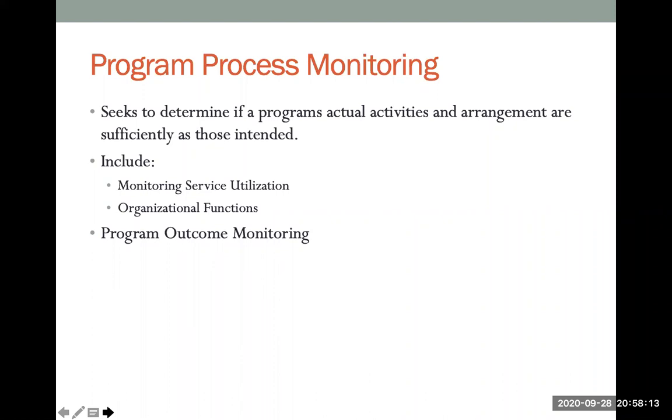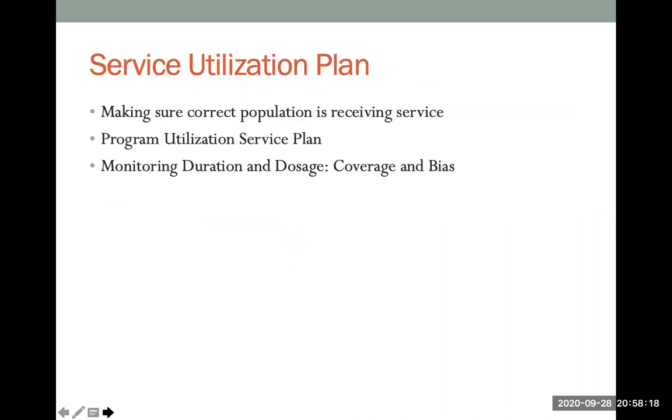But part of what we're also doing in program progress monitoring is that we've laid out a service utilization plan that is helping us determine if we have the correct population that is actually receiving the service.